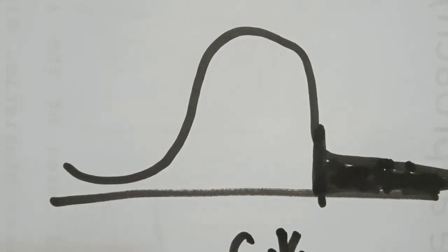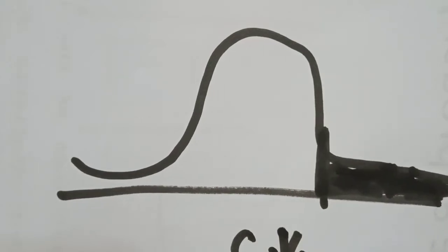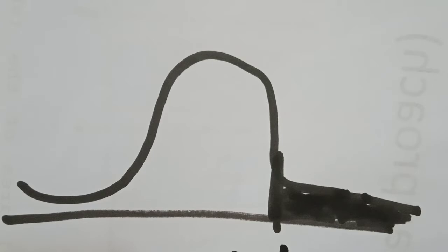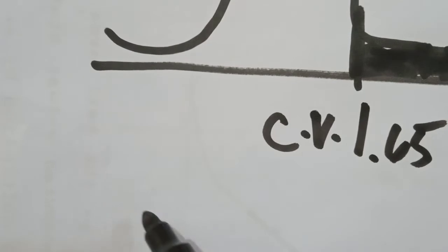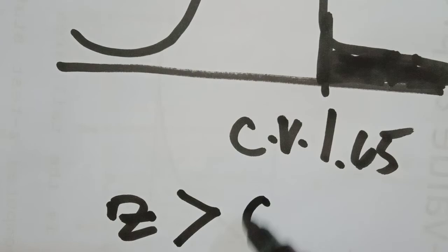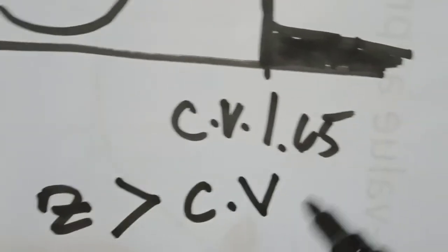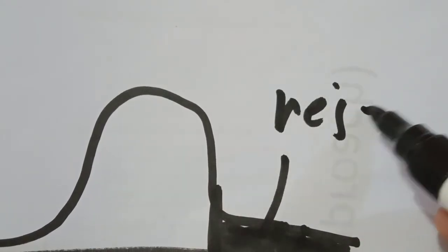Nilagay ko kanina ata CR, no? Critical region, ito naman yun. Critical value, balikan natin, that is 1.65. Kung yung computed Z is greater than the critical value, nandun siya sa rejection region. Ito kasing black ay nasa rejection region.